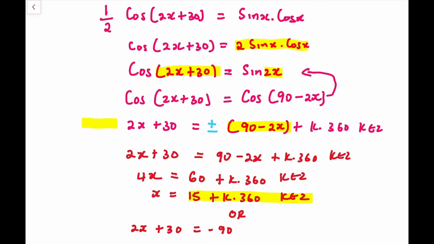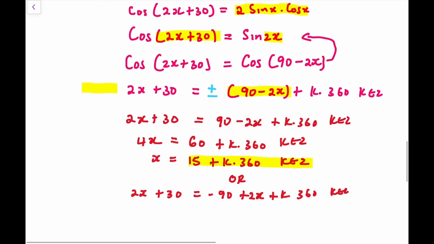Negative and negative will be plus 2x, and then plus k times 360, where k is an element of all integers. Now, if I take 2x to my left, I am going to have 2x minus 2x, which will be 0. So you see now x is gone, so there is no x anymore. That means that the only solution that we have is the first one. So this one will give us no solution. So we only have one solution.